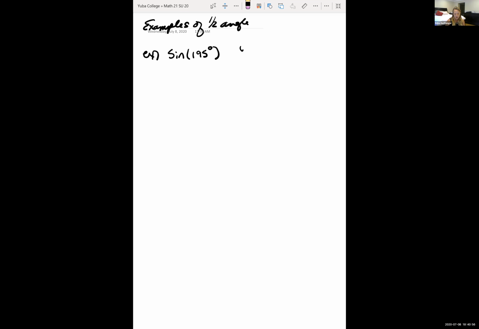And it told us to use the half angle identity. Okay, so I basically need to manipulate this 195 degrees to be a half angle. And so I need a 2 in the denominator. I can manipulate that by multiplying 195 degrees by a fancy 1 of 2 over 2. That would get a 2 in the denominator, which I want.